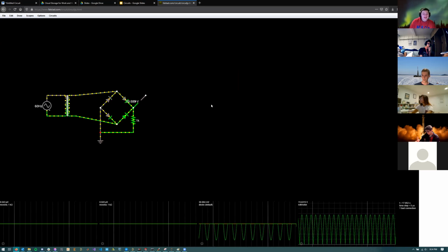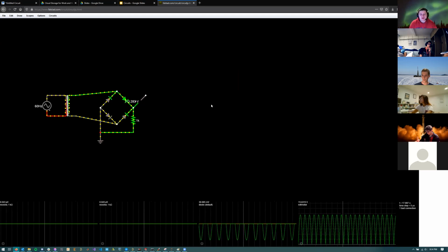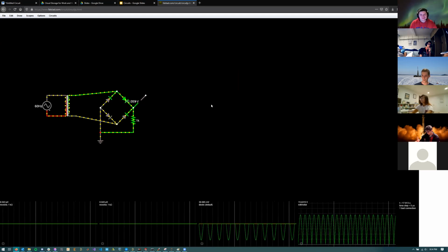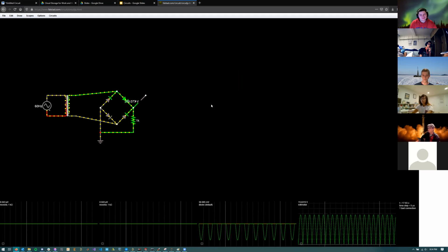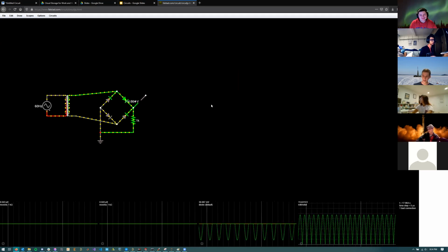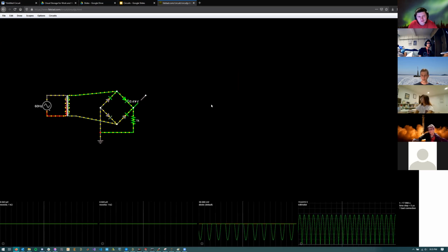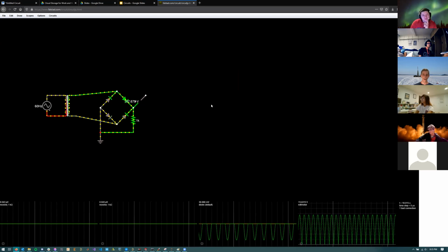But what I'm going to ask is, anybody have an idea what component you use to smooth out that current? Inductor? You can use an inductor.